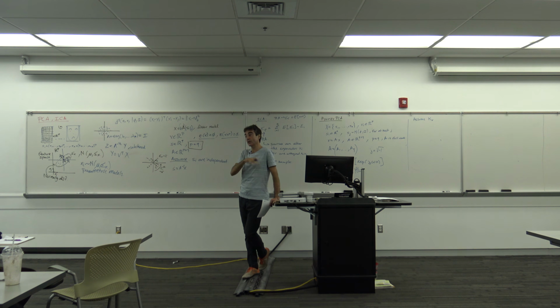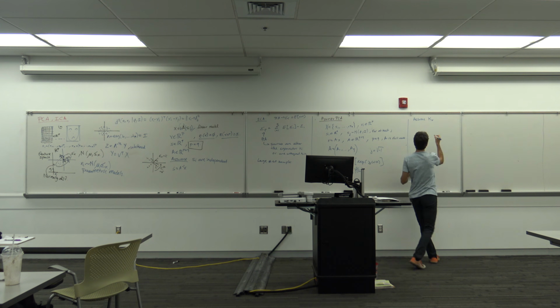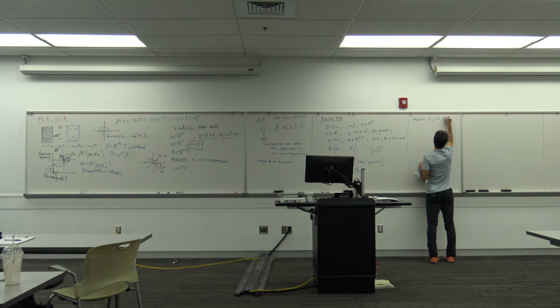But we're looking for non-Gaussian distributions, right? So the cumulant of some order larger than 2 has to be non-zero, okay? So it has to be larger than 0 for some k larger than 2.